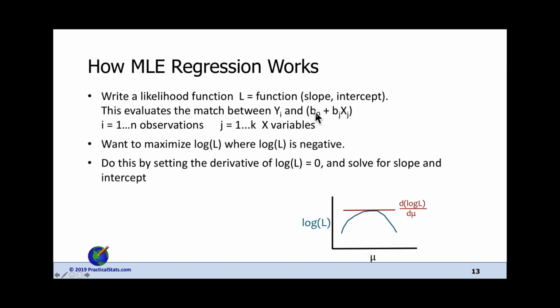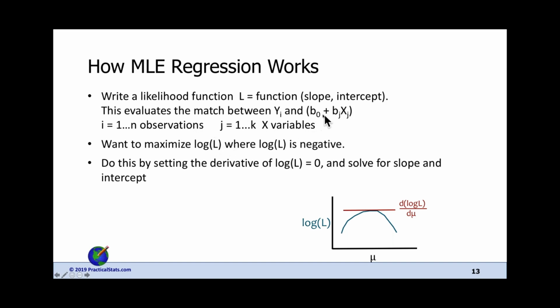When I get those by guessing on the intercept and slope to start with, and then do a prediction, how close is that to the observed y? So it's going to look at the match between those two. And then it's going to take a measure of their difference, which is usually just the observed value minus this prediction, and pull those all together for all of the n observations to get a total value for L.